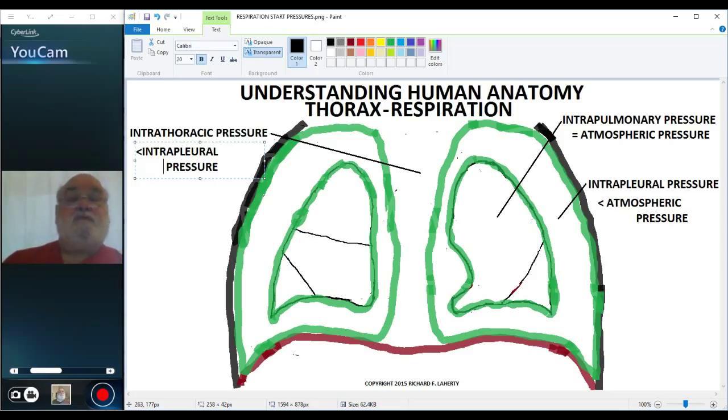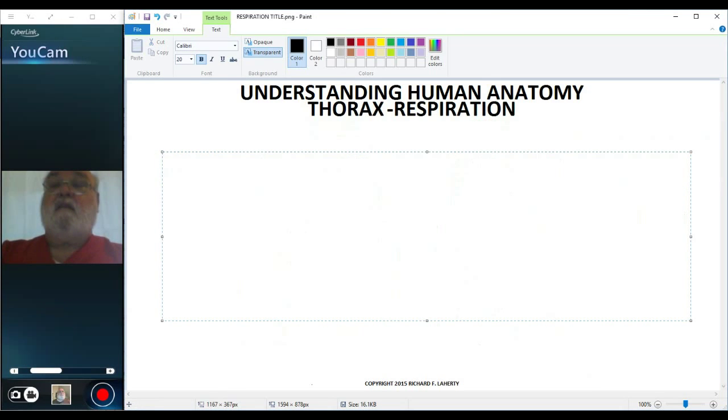So, let's look at this on a clean slate and restate what I've just said. Atmospheric pressure is equal to intrapulmonary pressure.